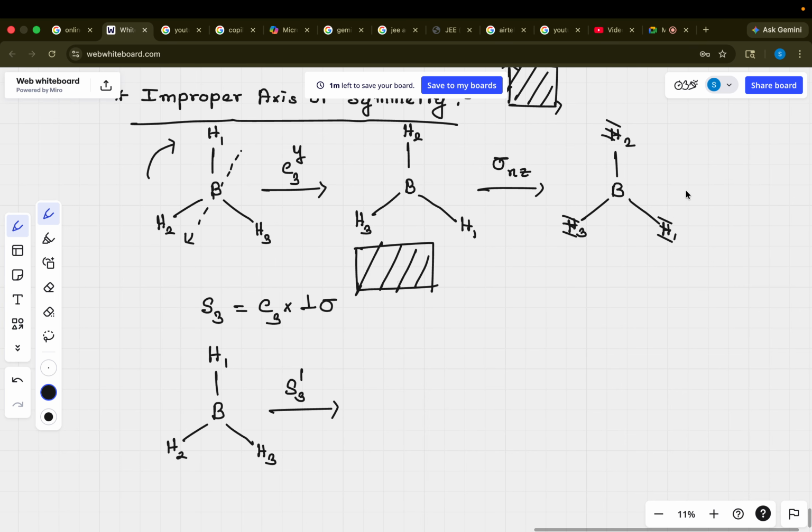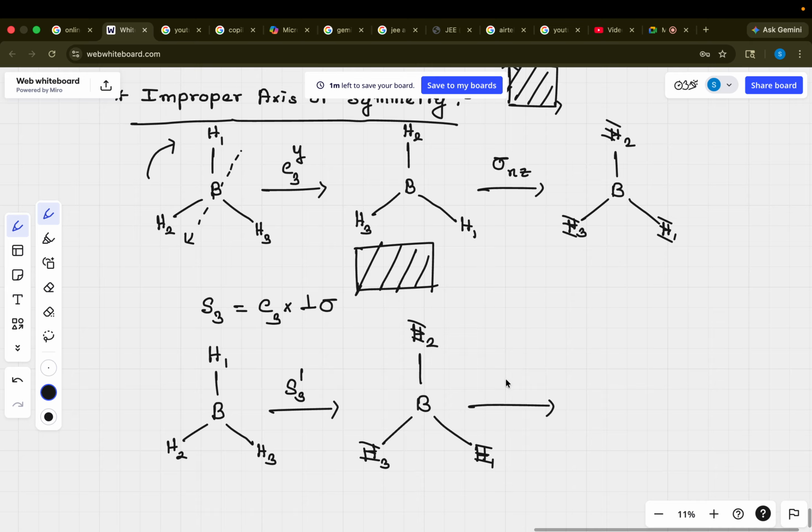If you operate, you are getting this, right, a mirror image of this. So suppose you have H1 H2 H3, starting from here, I will get boron here, then H2 is coming to here, H3 is there, and here you have H1.